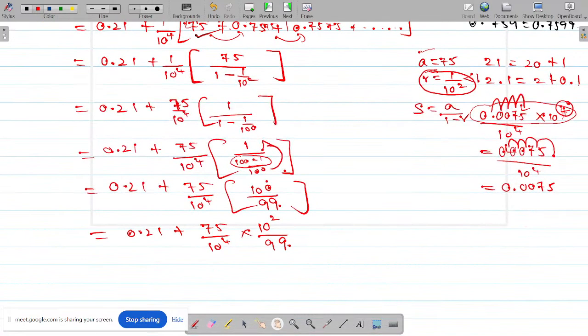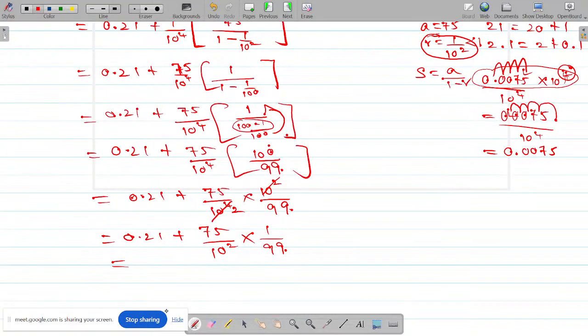Next step, 0.21 plus this 10 power 2 and 10 power 4. If it gets cancelled, you will get 75 divided by 10 power 2 into 1 divided by 99. Okay. What we do here is we take 0.21 plus 75 divided by 100, which is 3 by 4, into 1 by 99. Okay. So this is 0.21 plus what is the value?